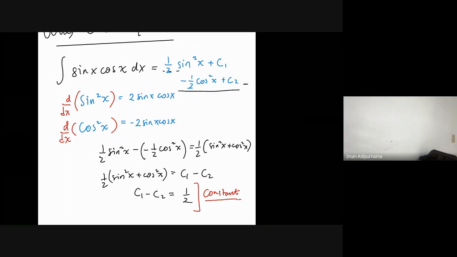Next week we can move to chapter 6, area between curves. Yes, fast, but I will give you examples in between, from this chapter and the next chapter.